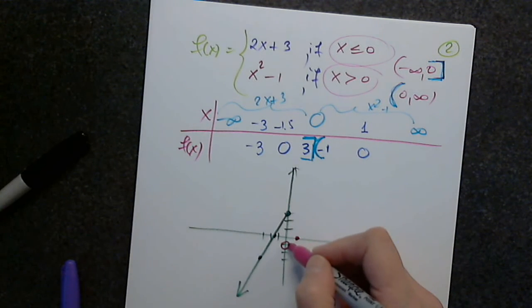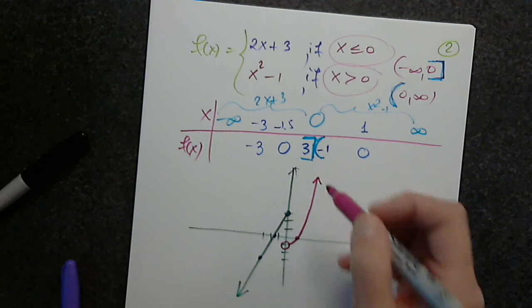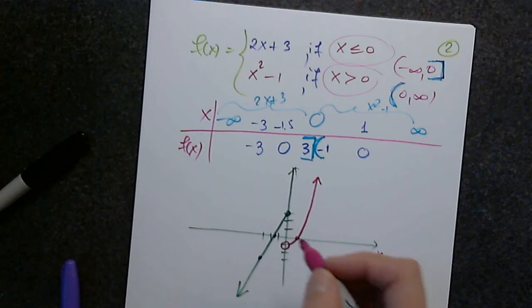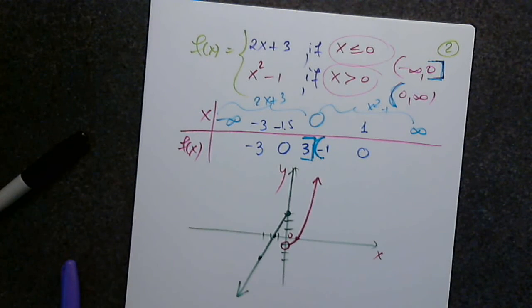And I know how to graph x squared minus 1. It's a quadratic. And that is the graph. Very good pick. It was a collective, contributive effort. Good. That's awesome.